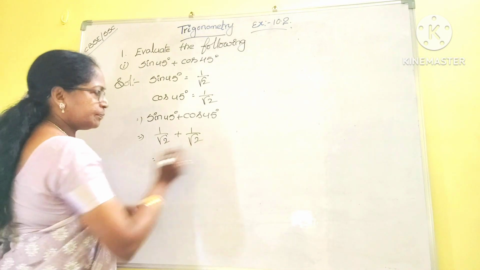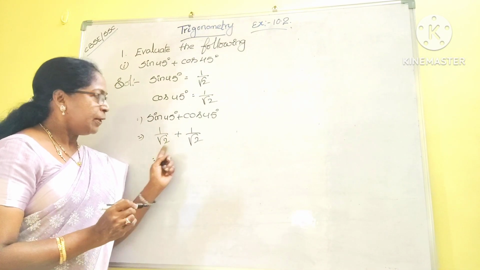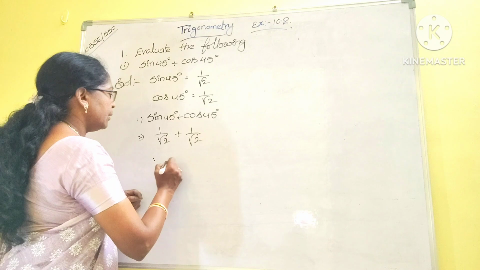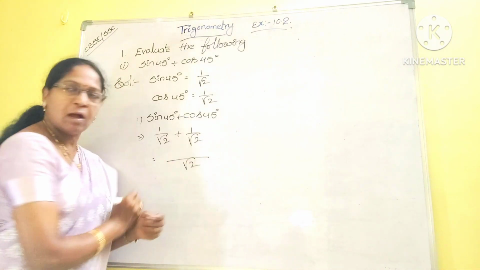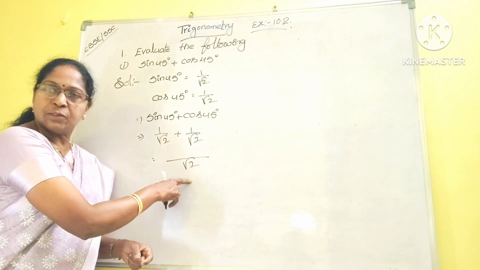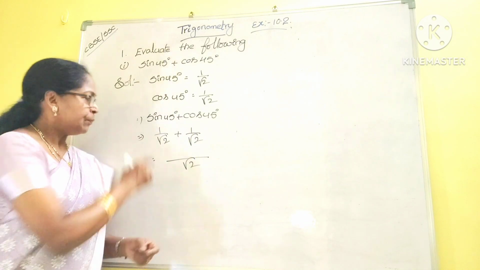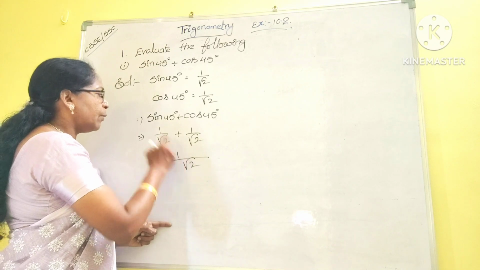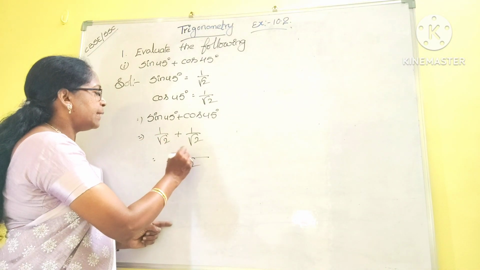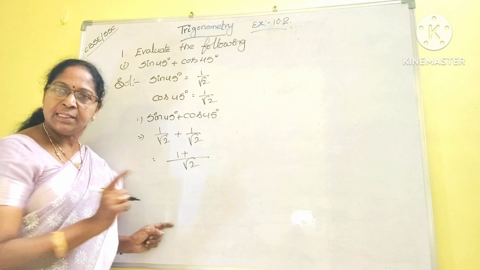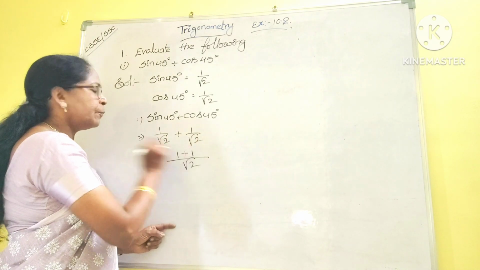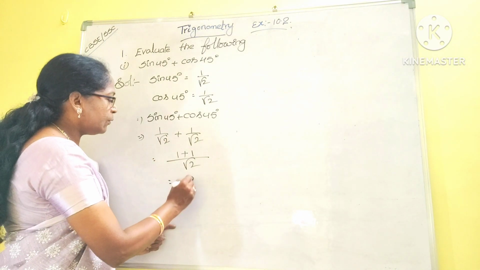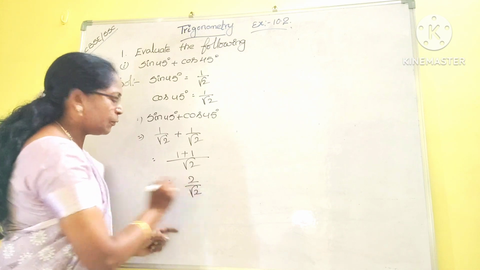Now in the denominator, root 2 here, root 2 here also. Take root 2 as the common number, the LCM. Root 2 is divisible in root 2 one time, so 1 into 1, 1, plus, here also root 2 is divisible one time, so 1 into 1, 1. So that equals 2 by root 2.